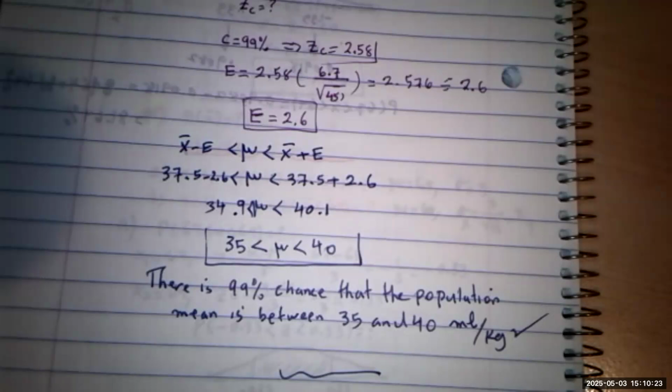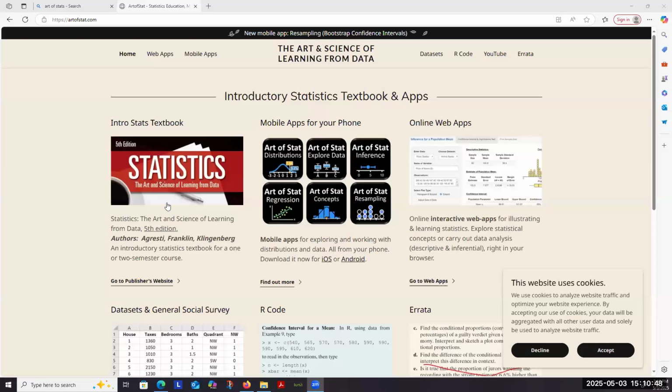To see how you can do it with the application, I go to the Art of Stats, to show you. I want to make sure I share this one with you. We are looking for the confidence interval.